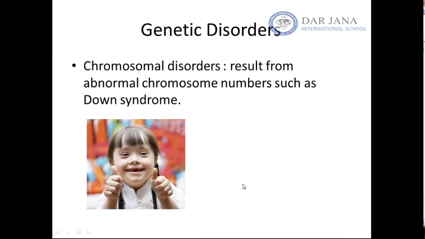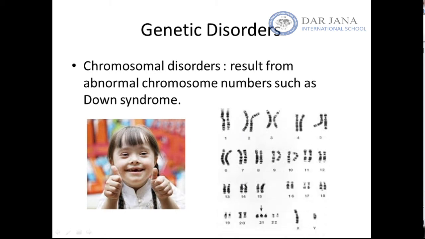Now let's talk about chromosomal disorders, which are also part of genetic disorders. In this case, chromosomal disorders result from abnormal chromosome numbers, such as in Down syndrome. You know that usually in healthy individuals, in each cell we should have 46 chromosomes or 23 pairs of chromosomes.